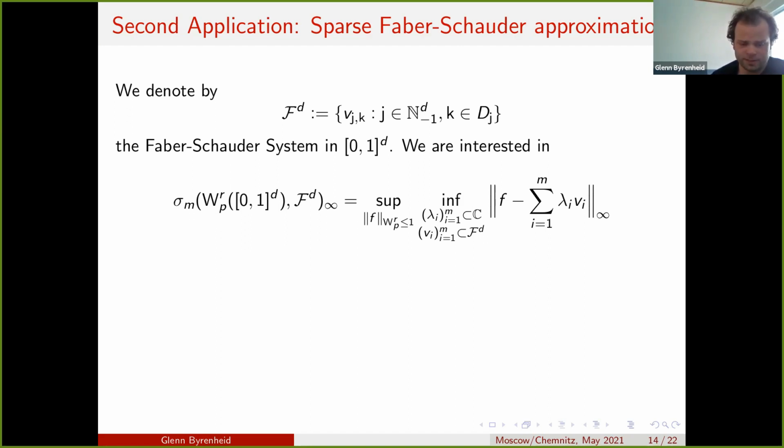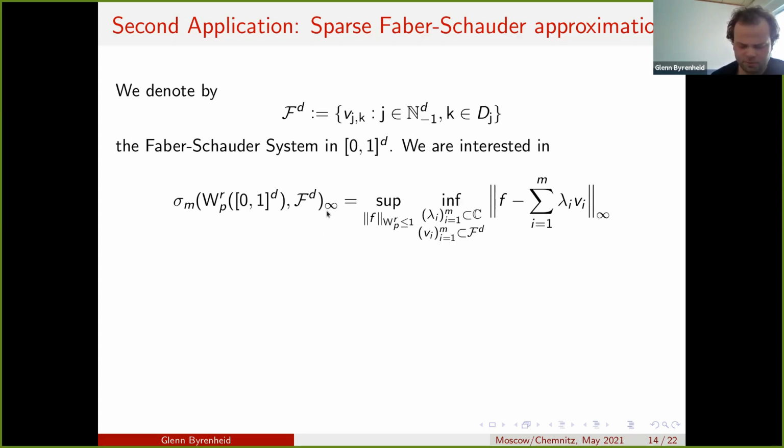And what we are interested in is this quantity here, sigma m. Sigma m describes the best worst-case approximation of functions f by linear combinations consisting of m functions from our dictionary of Faber-Schauder hat functions.